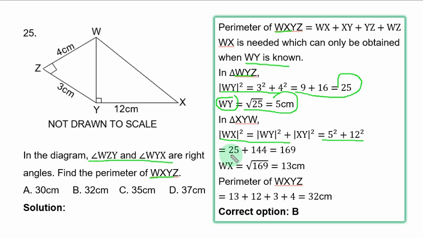You have 25 plus 144, that is 169. WS is equal to square root of 169, and that is 13 cm. Perimeter of WSYZ is addition of all the sides, and that is 32 cm. B is the correct option.